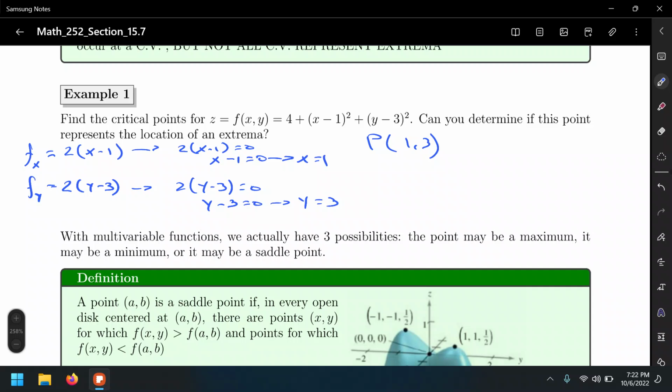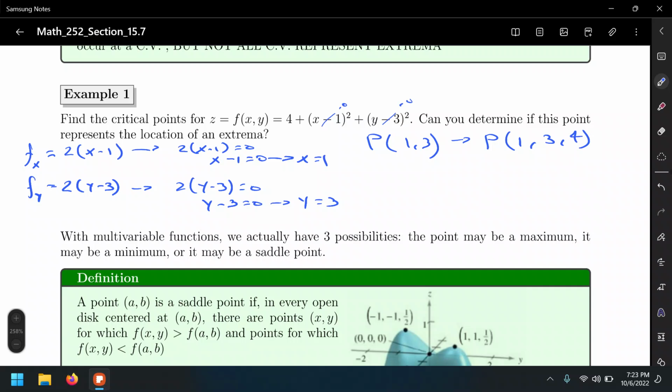However, we need to get an idea of whether the point that we obtained is a maximum or a minimum. So in this case, number one, we need to find the corresponding value of z. So P of (1, 3). What would be the value of z in this case? 1 minus 1, that's 0. 3 minus 3 is also 0.